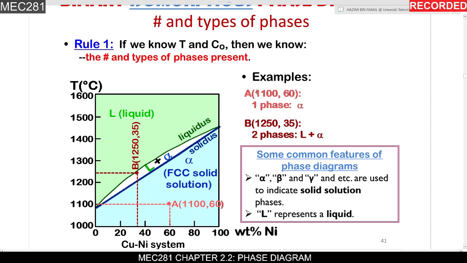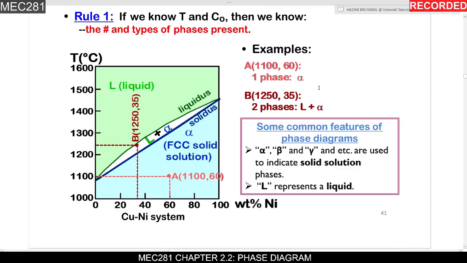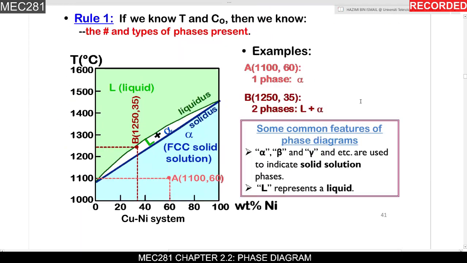As an example, point A at 1100 Celsius and 60% composition. It is simple, we just look in the graph. We find the temperature 1100 here, and then the second value, 60% composition, so that is point A. In this phase diagram, we know it is in the alpha region, so it is only one phase, alpha.